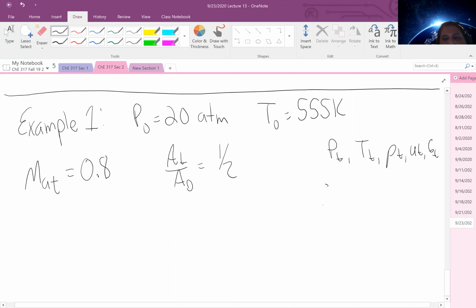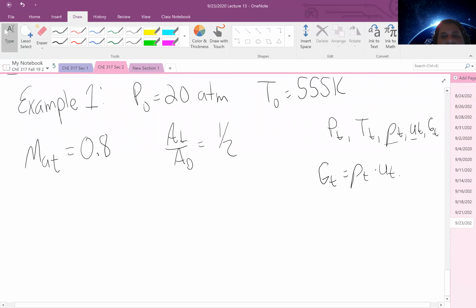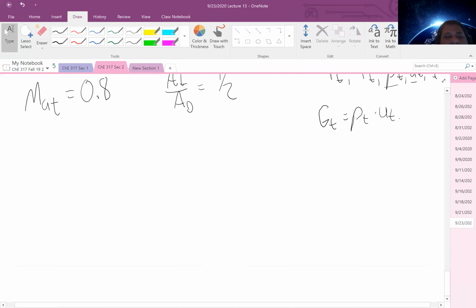Well, we know that the mass velocity of the throat is simply the density of the throat times the velocity of the throat. So I'd probably grab those two before I grabbed their mass velocity. The first thing we can look at solving for is the pressure of the throat using equation 6.28 on page 142.